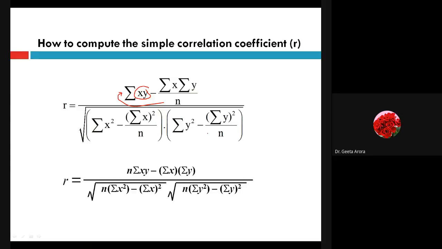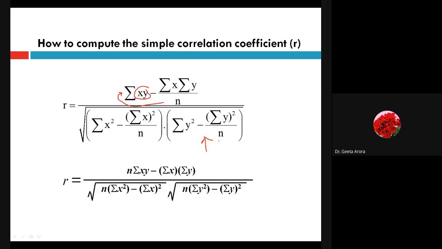Similarly, for the second term in the denominator, if I replace x by y in the numerator part, it is summation y square minus summation y whole square divided by n. So it is very important to know the trick of how to remember it, because this will lead to fewer errors.